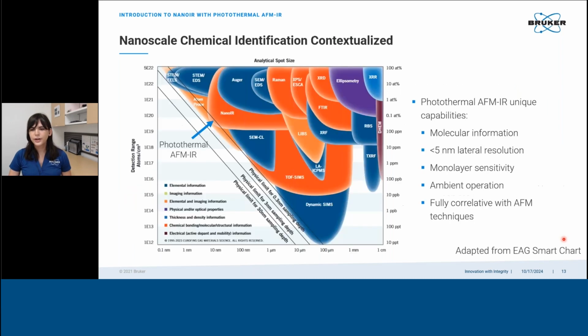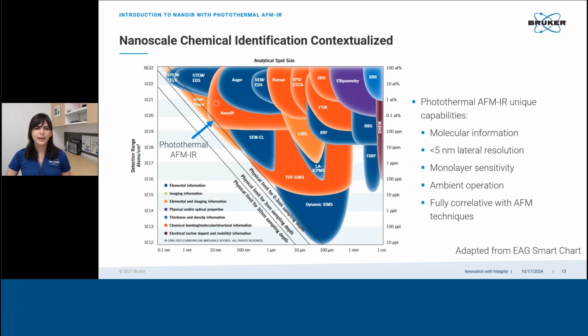To further contextualize it among other chemical identification and molecular and elemental identification techniques, I want to use the SMART chart from Evans Analytical Group, a Eurofins company. So they have a photothermal AFM-IR tool, the Dimension IconIR.